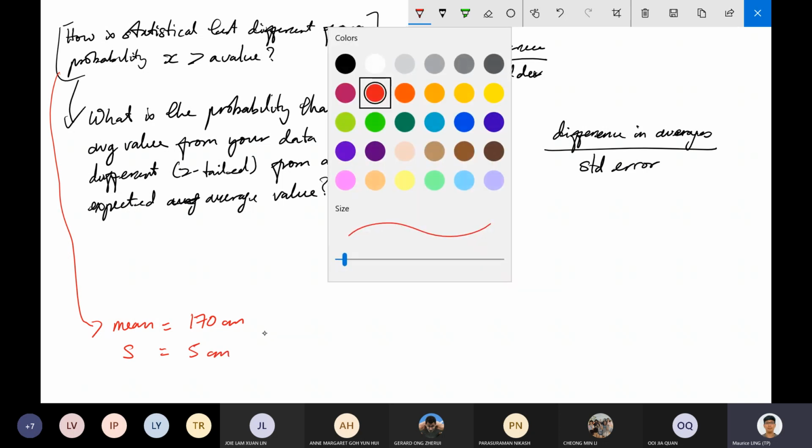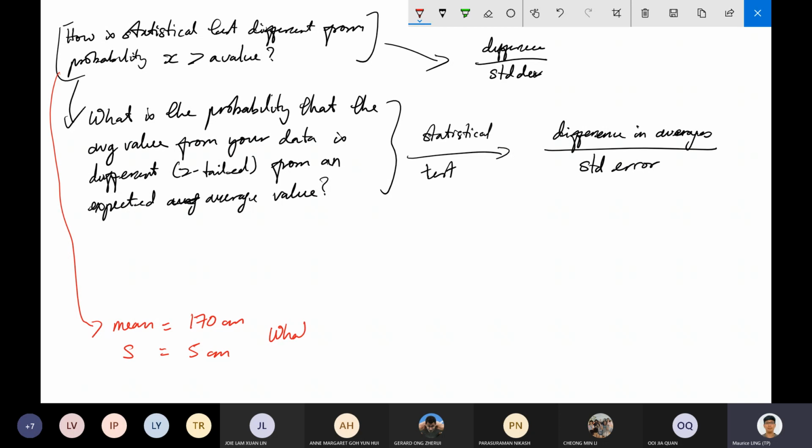I'm asking, what is the probability of a student being taller than 175 cm? This is talking about one student.